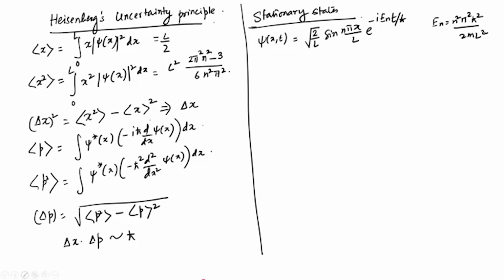Just to remind you, even for the symmetric problem, even though we have sine solutions and cosine solutions, both acceptable, the energy is still given by n square pi square h cross square by 2 m L square.